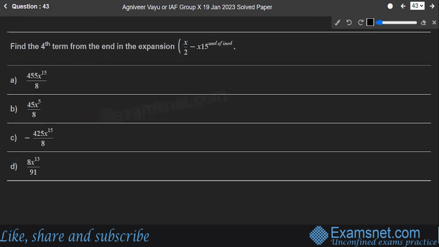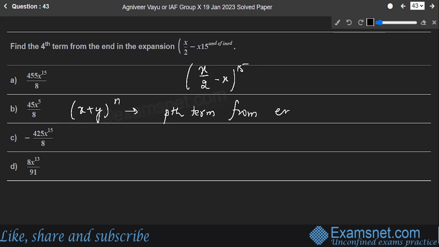Next is question number 43. You have to find the fourth term from the end in this expansion. The expansion is not a bit clear, let's see it properly. This is (x by 2 minus x) raised to power 15. Now, when I'm having the general expansion of (x plus y) raised to power n, the pth term from the end is equal to the (n minus p plus 2)th term from the beginning.